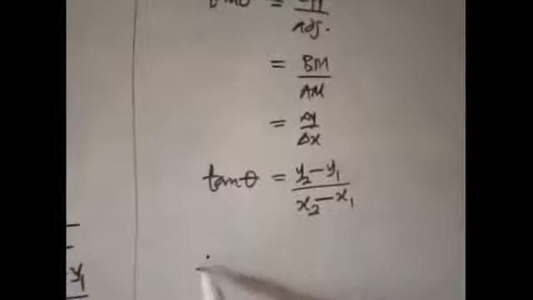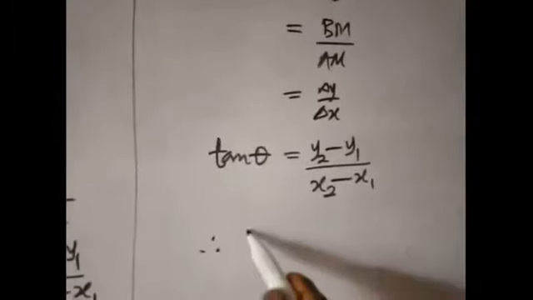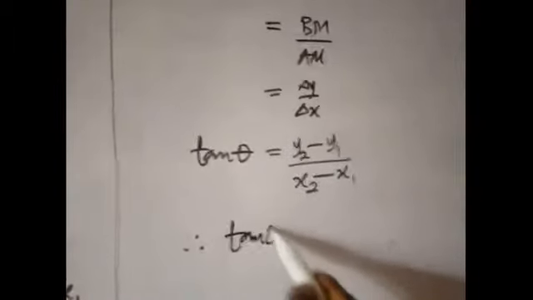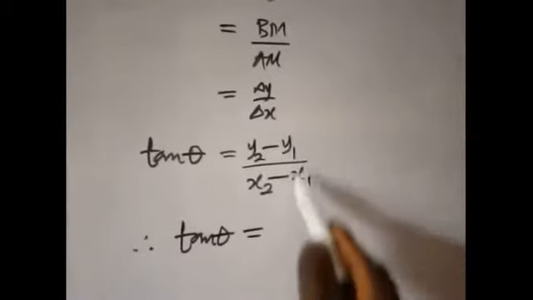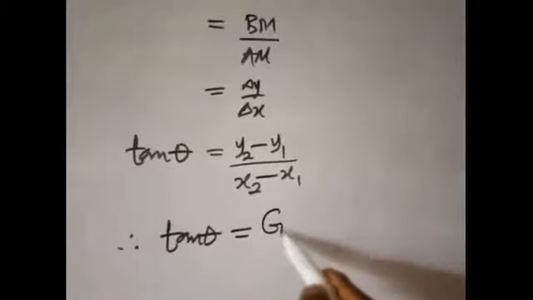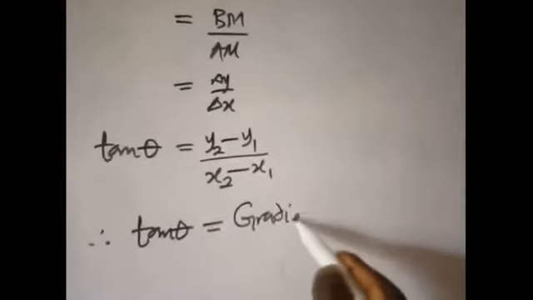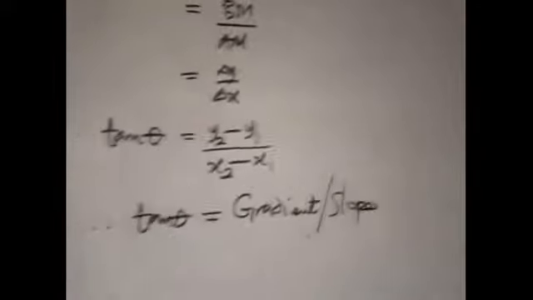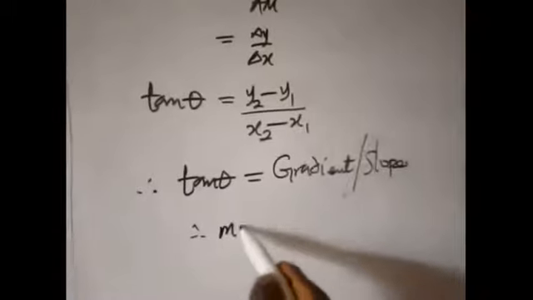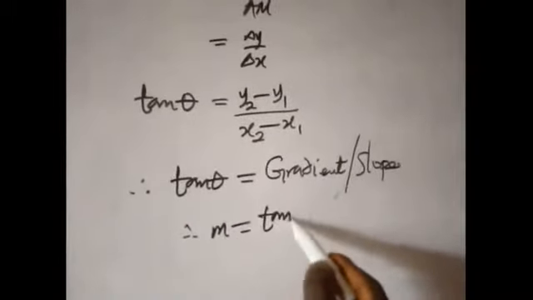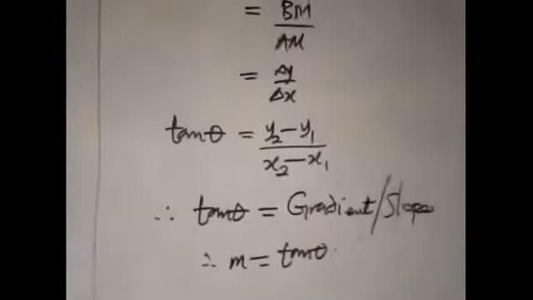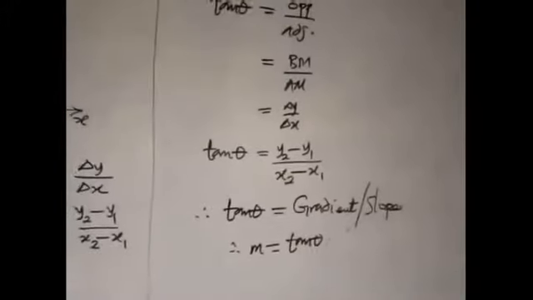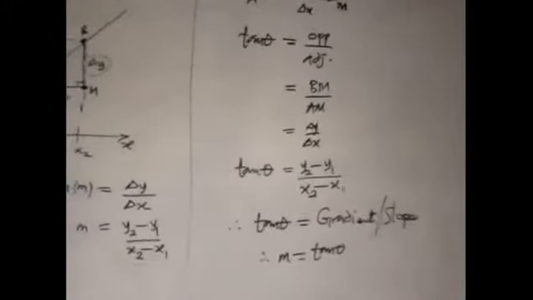So therefore tan theta equals gradient or slope, which means that if you are given the sloping angle, we can use it to find our gradient.